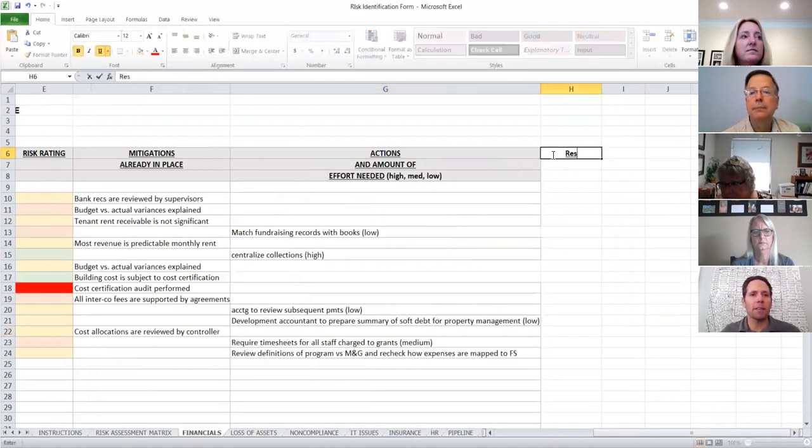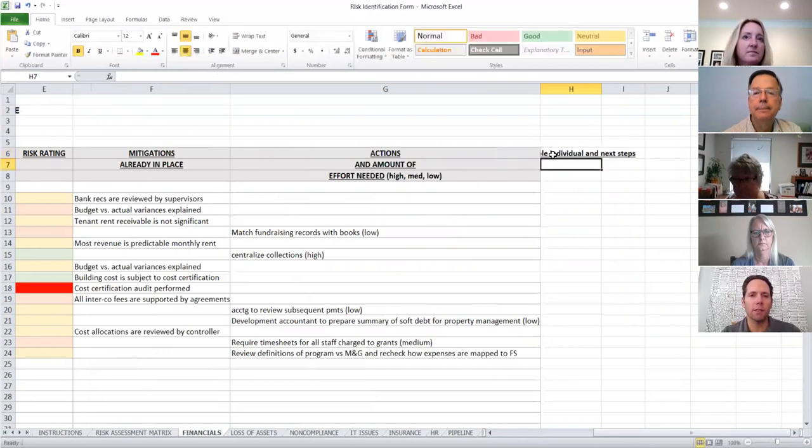Maybe for a lot of these categories, all the mitigations are in place and there's nothing further to do, just keep business as usual, and then there could be an identification of which efforts are needed immediately or in the near term or in the future.